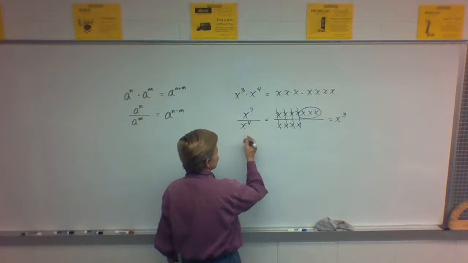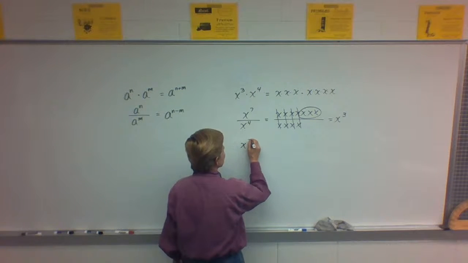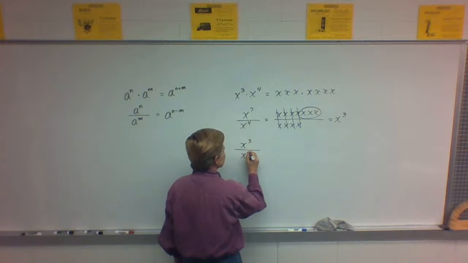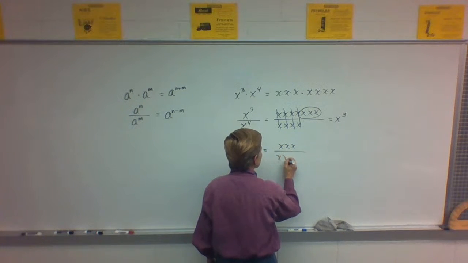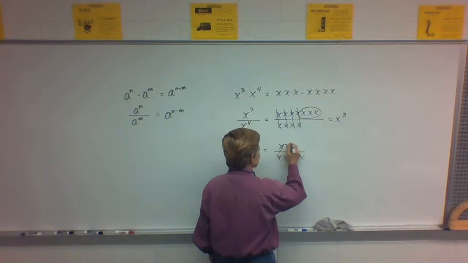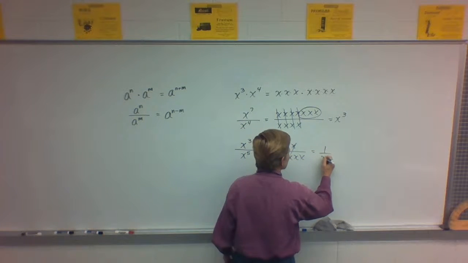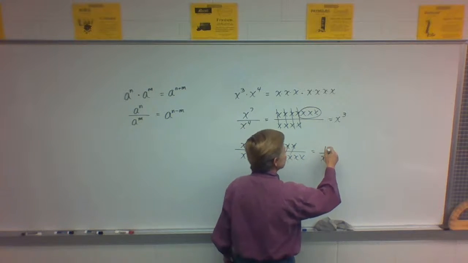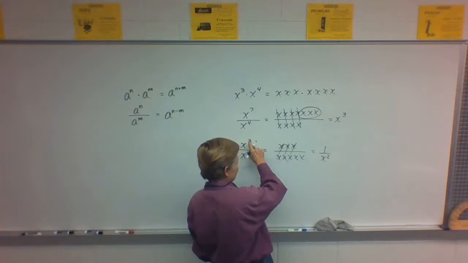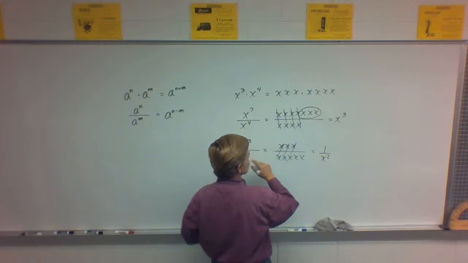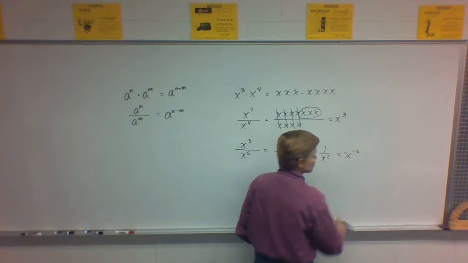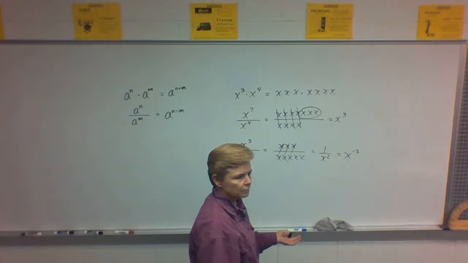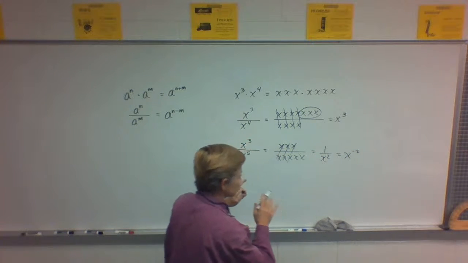And if you reverse that, just to remind you what we learned yesterday, if you have x to the 3rd over x to the 5th, that's going to be 3 of these on top and 5 on the bottom. And if you cancel, you end up with the 2 left on the bottom. Which means that 1 over x squared, if you follow what this property says, is the same thing as x to the 3 minus 5. That's what we learned yesterday. We talked about it, right? And I know you're bored right now, but I'm just reminding you of things, how it all fits together.